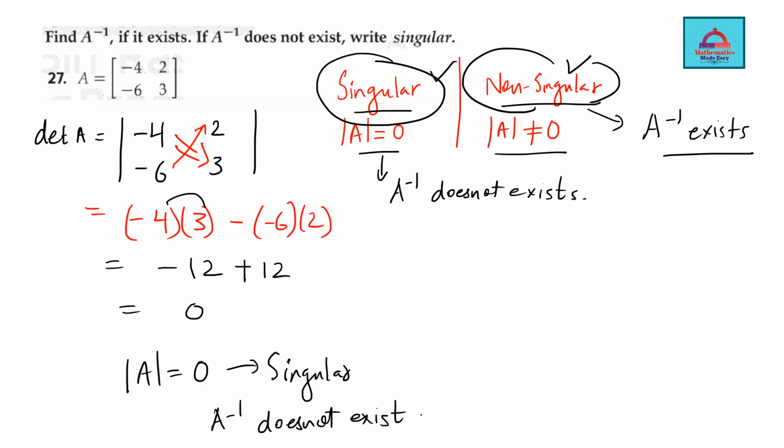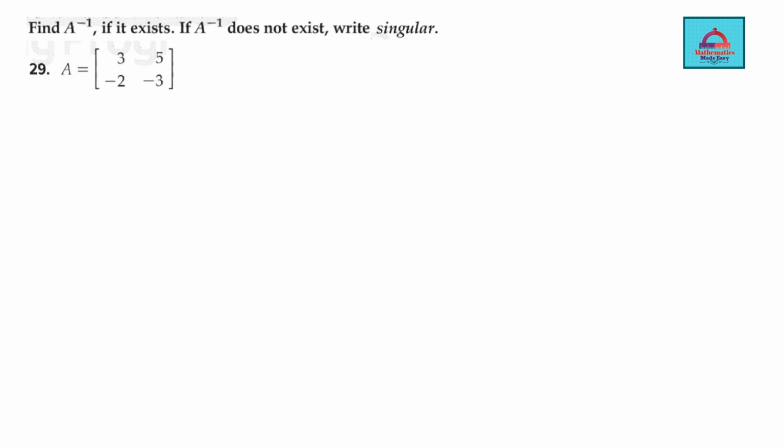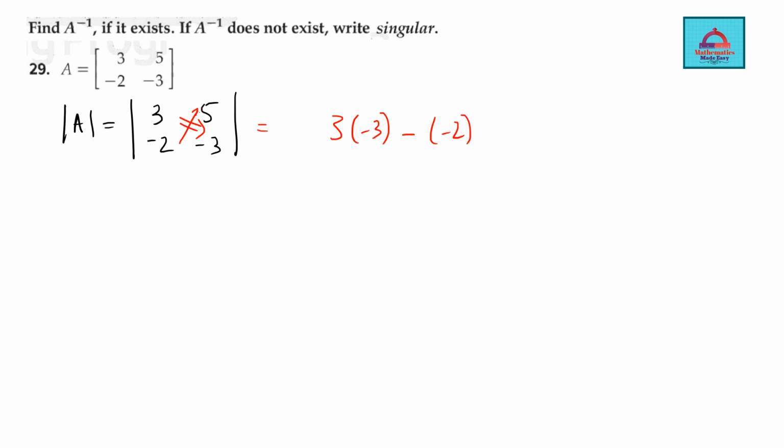Okay, let's move to the next question. Now we are going to solve question 29. Let's see whether this is singular or non-singular, or whether we can find the inverse or not. So let's do the same steps. First we find the determinant. I will change the brackets, and now we do primary diagonal minus secondary diagonal. I hope now you know how to do it, and subtract and write the value.